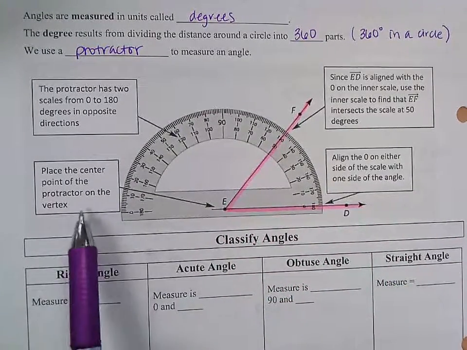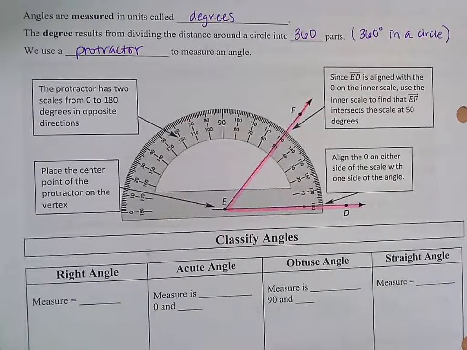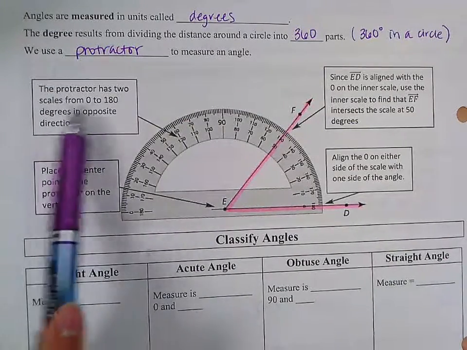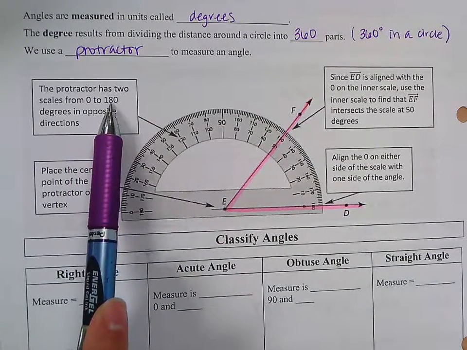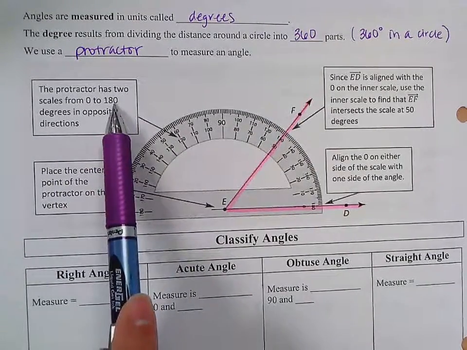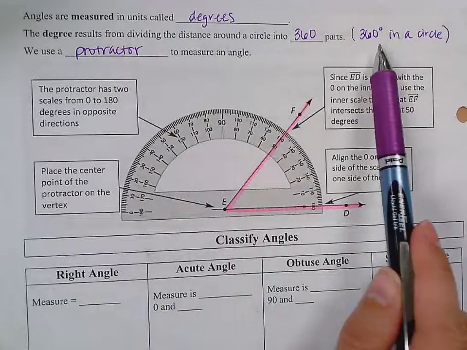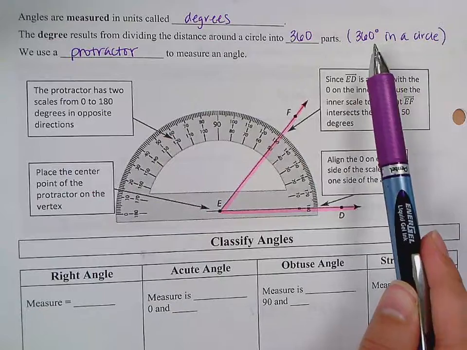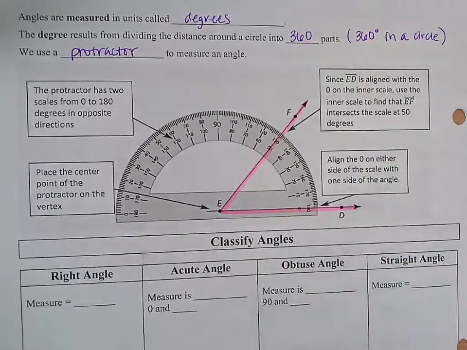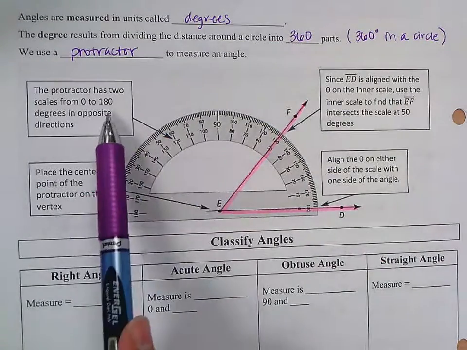So place the center of the protractor on the vertex of the angle. The protractor does have 2 scales from 0 to 180. So it goes from 0 to 180. We're going to talk about this below. If there's 360 degrees in a circle, half of 360 is 180, meaning there's 180 degrees in half of a circle. So that's why it goes from 0 to 180.